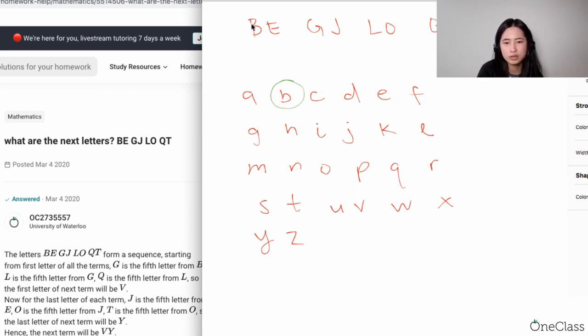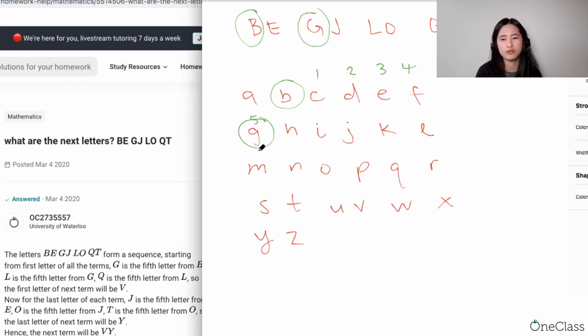If you count 5 letters after B, 1, 2, 3, 4, and 5, you land on G.